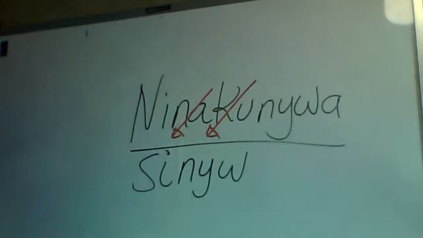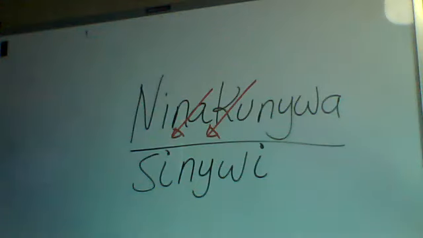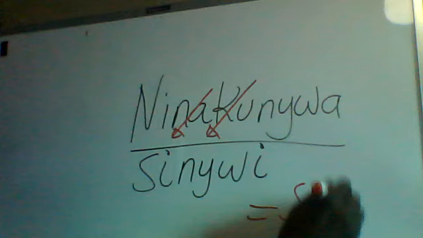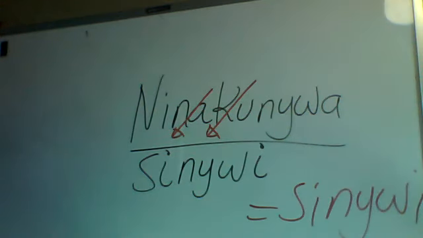But remember, the final vowel a is changed to i in the negative. Then this becomes sinywi. This is the correct way to say I'm not drinking. If you wish to say I'm not drinking alcohol, you say sinywi pombe. This is how you make negative sentences in the present tense.